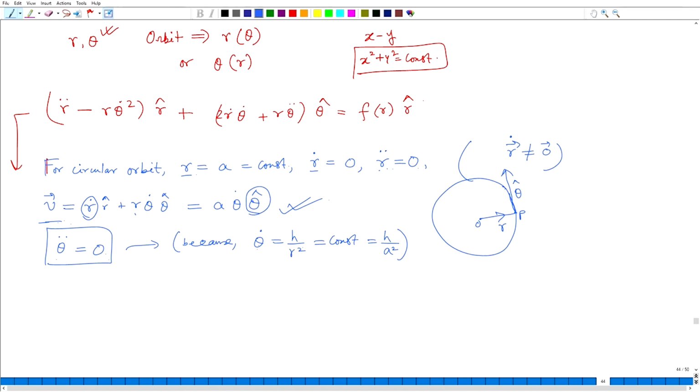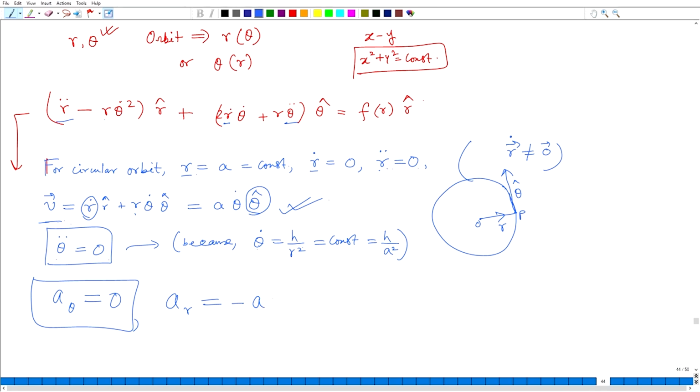Okay. So, it simply says that a theta, the acceleration in the theta cap direction, is equal to, so r dot is 0 and theta double dot is 0. So, a theta will be 0 and what will be a r? a r will be, r double dot is 0, but r is non-zero, theta dot is non-zero, it will be simply minus a theta dot square, where theta dot is h by a square.